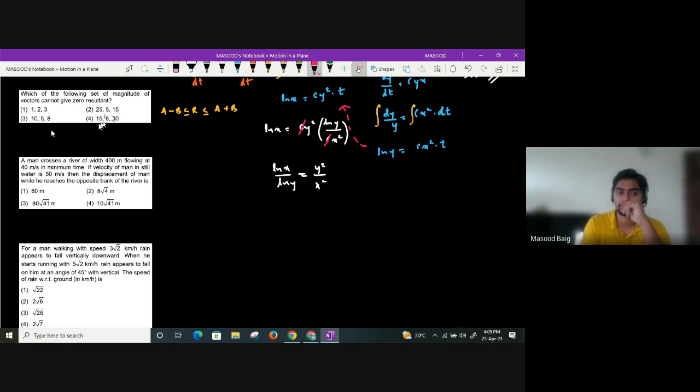If you do 5 plus 8, 13, it is greater than 10. Yes or no? It is possible. Then 1 plus 3, you get 4. So this is possible, this is also possible. But this will not be possible. If I do the sum of 5 and 15, you got 20 only, which is lesser than 25, guys, which is not possible.